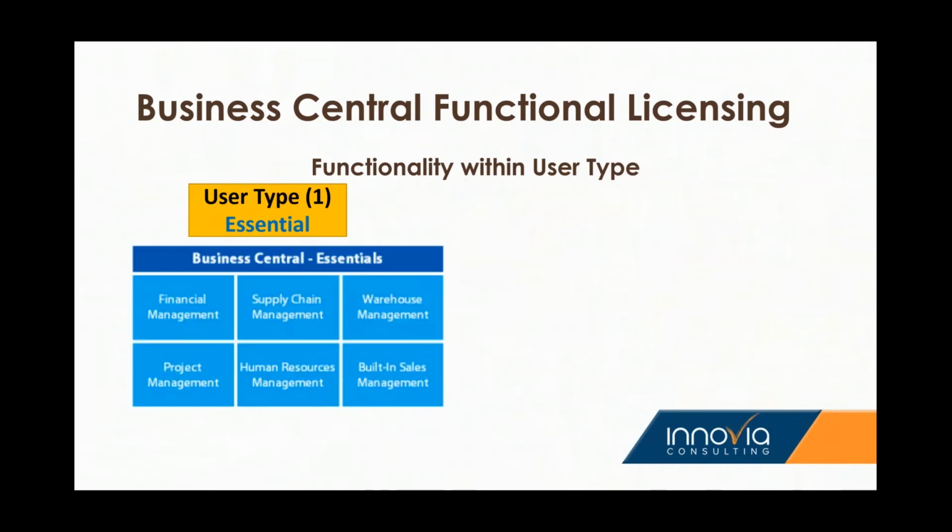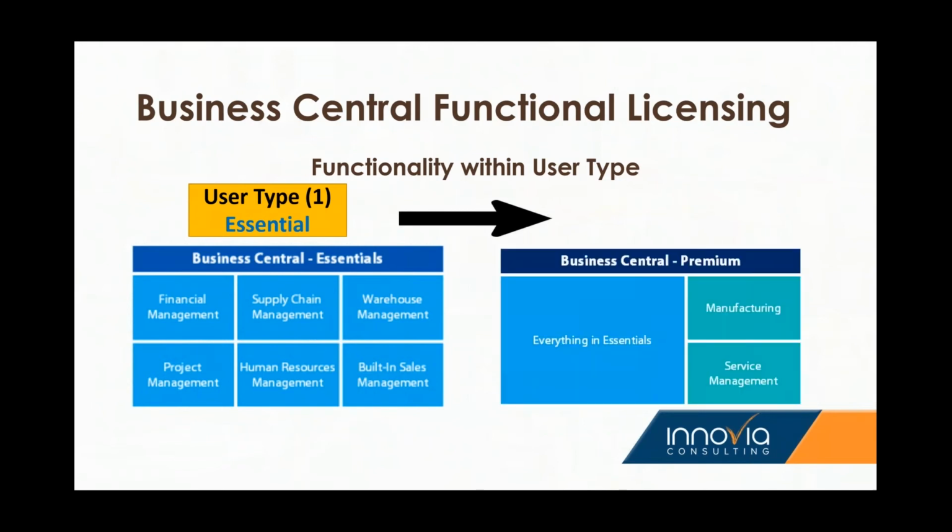And it does include project management. So that's one of the differences between NAV and Business Central licensing. If you decide that you need service management and manufacturing, then you would need to purchase a premium license. So Business Central is pretty straightforward. You either have essential licenses or you have premium licenses, and that's what dictates the functionality.